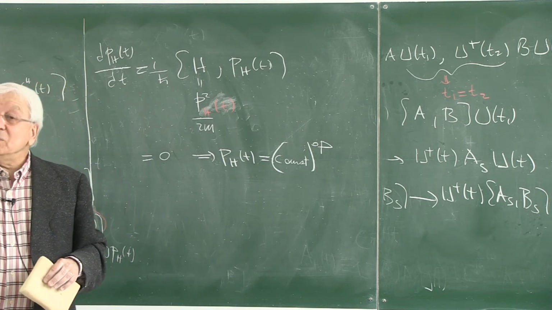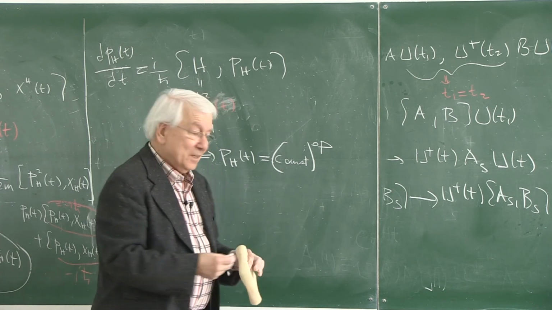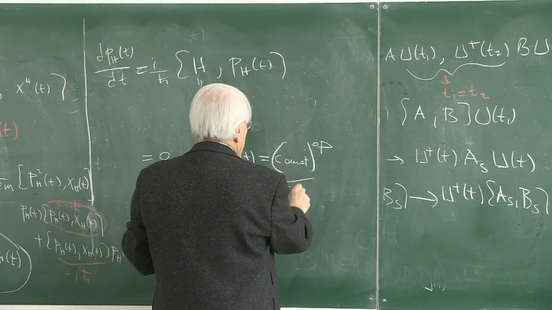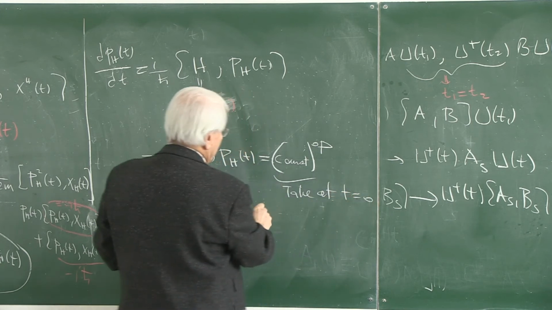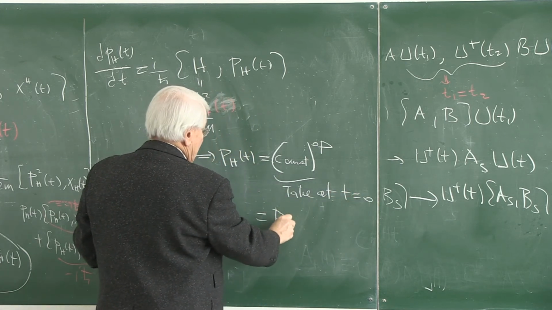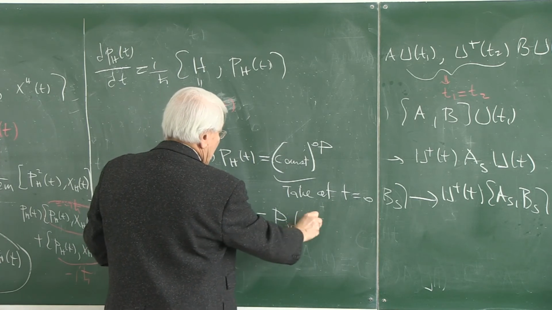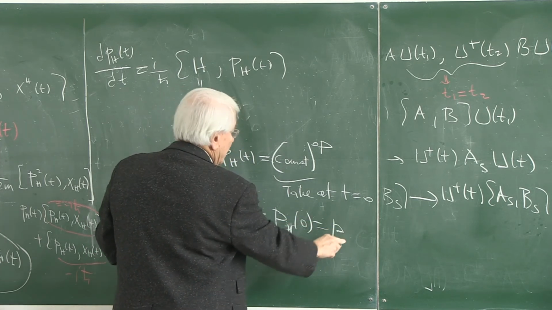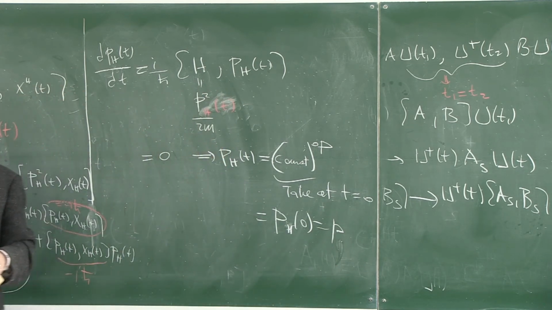This time, ideal time is t equals 0 if it's the constant. Notice that this time I take it to be at 0. Take at t equals 0. So it is p_H of 0. So it's p Schrödinger, or drop it. That constant operator is the p at the Schrödinger picture.